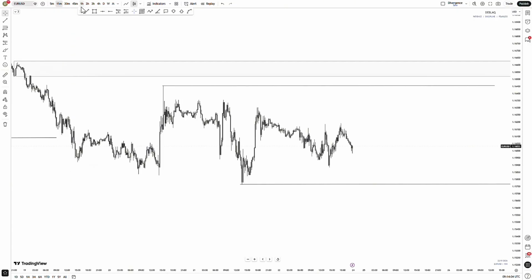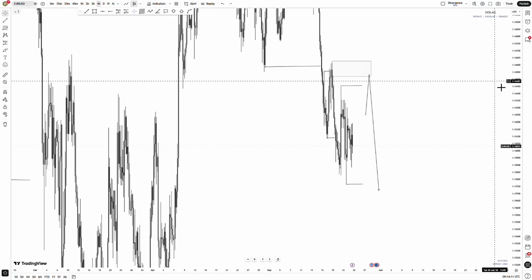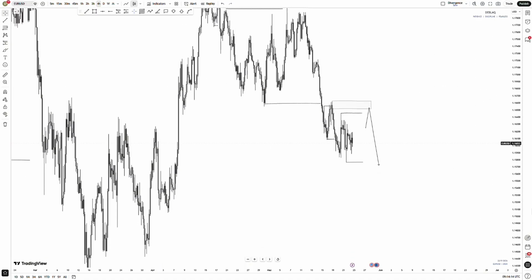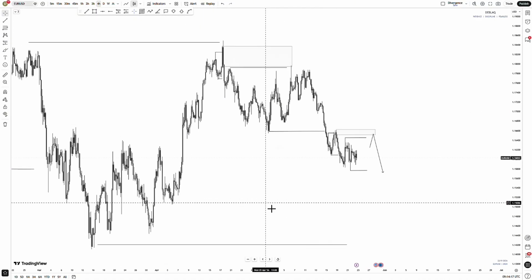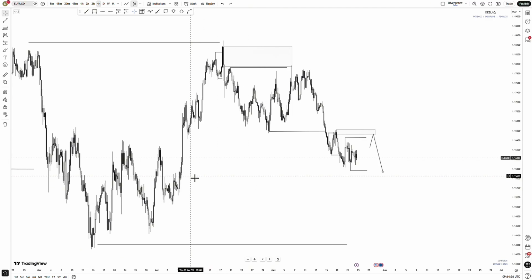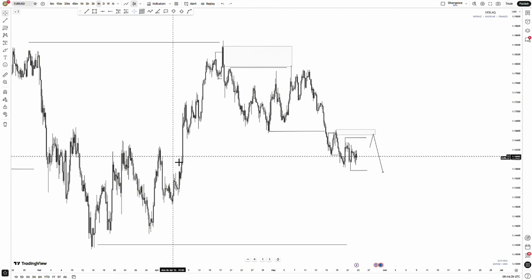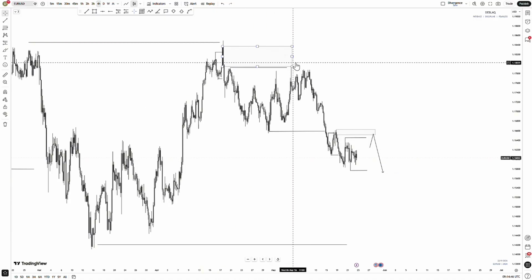So the first trade was on Euro USD. I've already done the breakdown of that trade and posted it, but I just want to do it together with the rest of the trades I took. My personal rule is to take only 3 trades in a week, and after that there's nothing more.